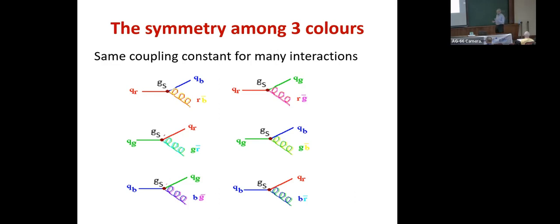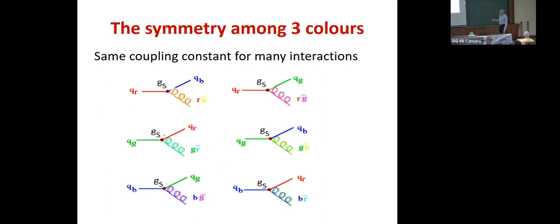There's something more than that. For example, look at this interaction. This is where a red quark goes to a blue quark, and that means that there was a gluon which was red times blue bar, which allowed this to happen. Similarly, a green quark here has gone to a red quark, and there's a green red bar gluon which allowed this to happen.